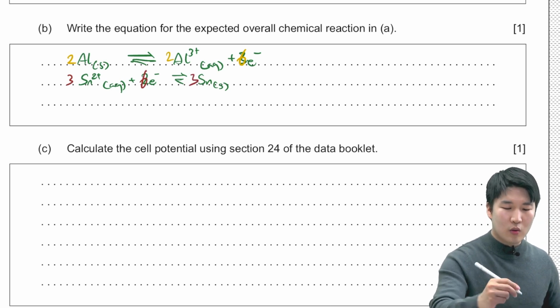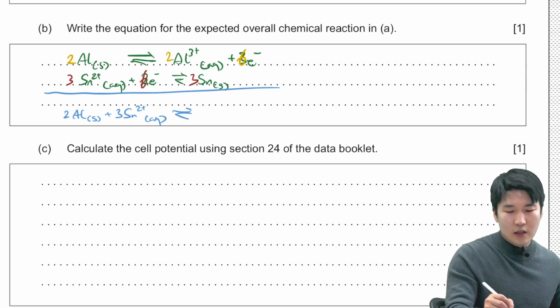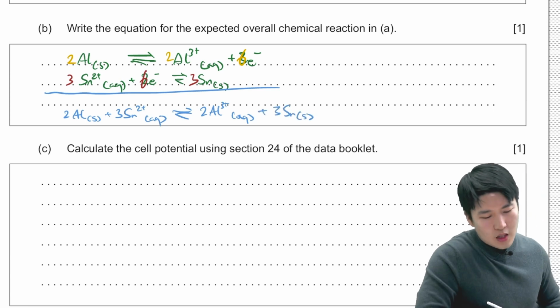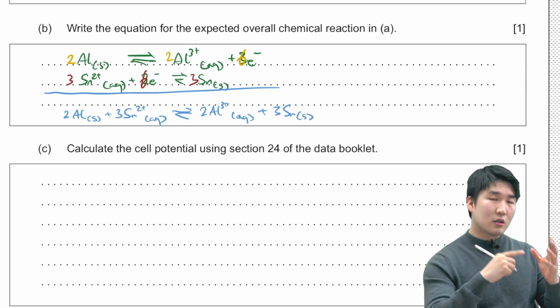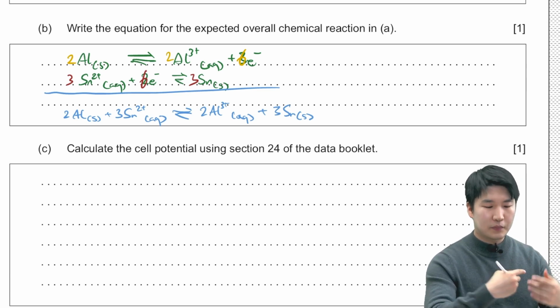So that overall we'll end up with 2Al solid plus 3 Sn2+ aqueous turning into 2Al3+ aqueous and 3Sn solid, with the 6 electrons on the left and right, reactant and product sides, cancelling out.